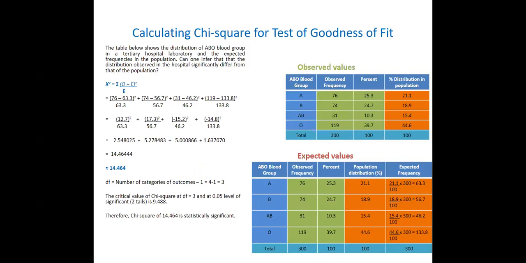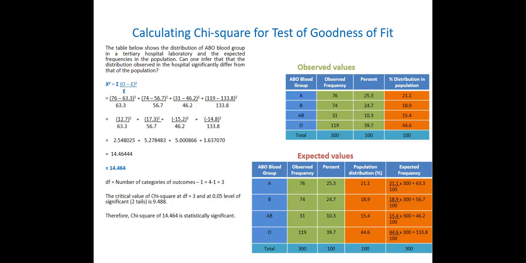Now, let's look at the example. This example is the ABO blood group. The table below shows the distribution of ABO blood group in a tertiary hospital laboratory, and the expected frequencies in the population. Can one infer that the distribution observed in the hospital significantly differs from that of the population?